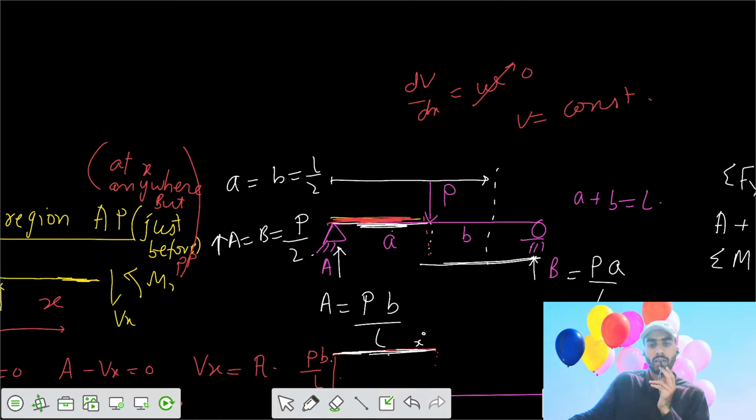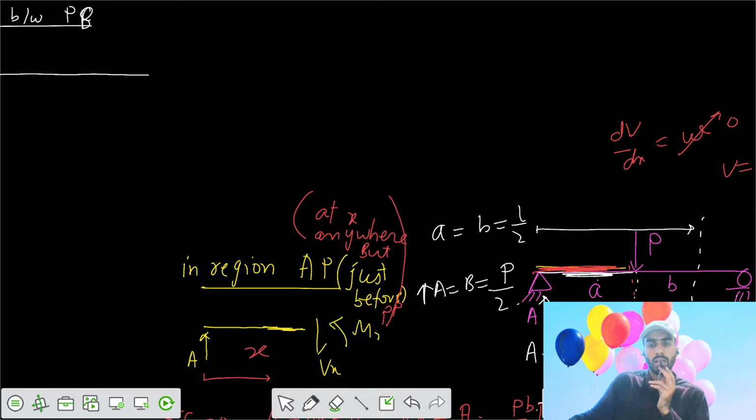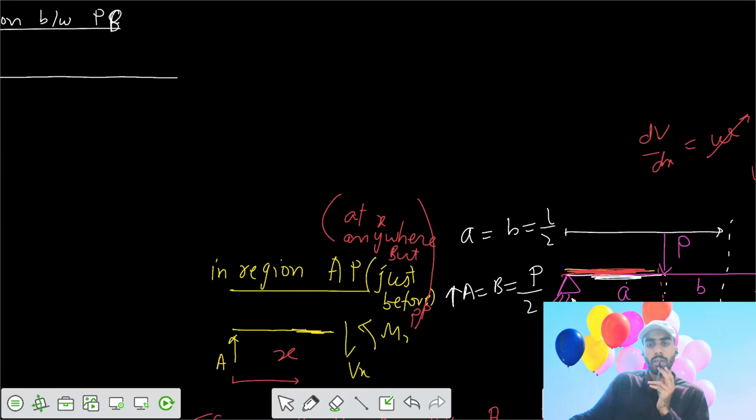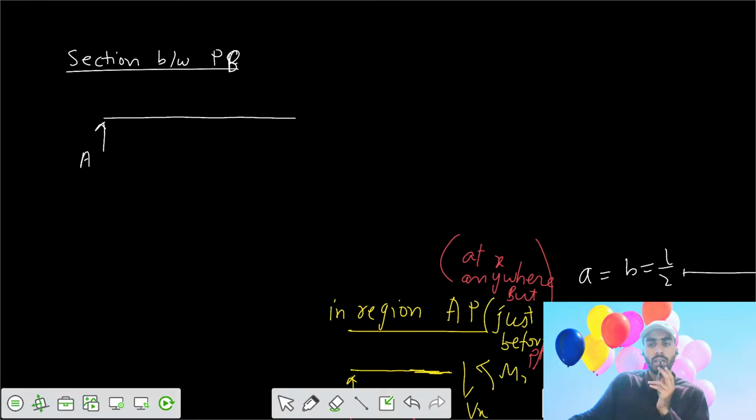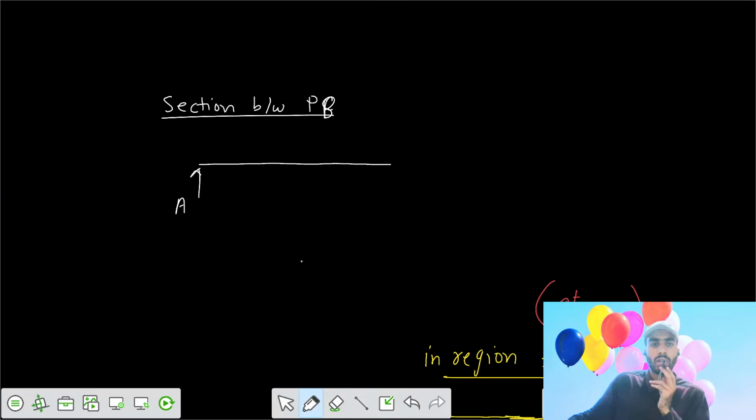In this region the effect of loading P is also included in the calculations. The load P acts here and goes up to point B, but we cut the section at x from A. This length was your length a.